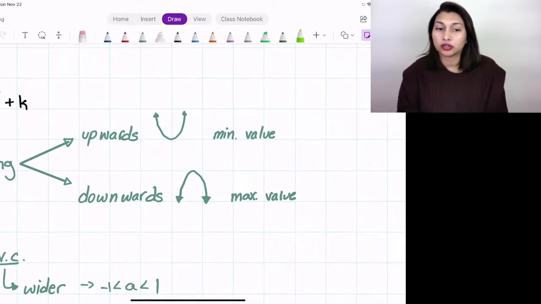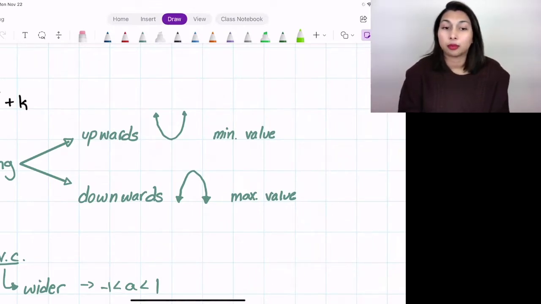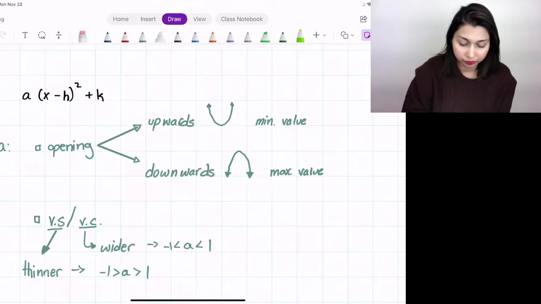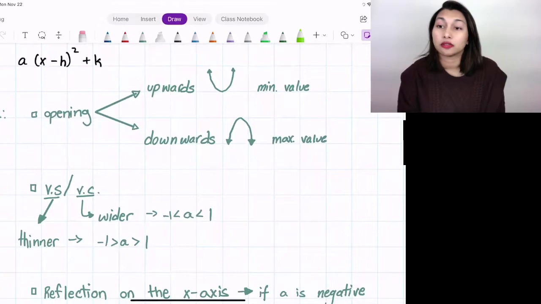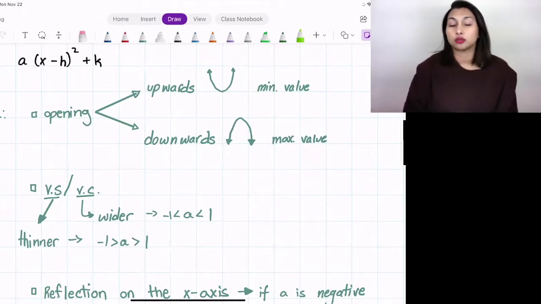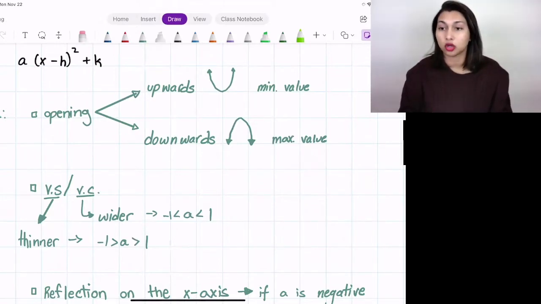How do we know if it's going to be moving upwards or downwards? By the positive or negative sign attached to a. If a has a positive sign, that means it's moving upwards. But if there's a negative sign attached to it, then it's moving downwards. It also tells us if it has a vertical stretch or a vertical compression. Vertical stretch means that our parent function will look thinner, and vertical compression means that our parent function will look wider.